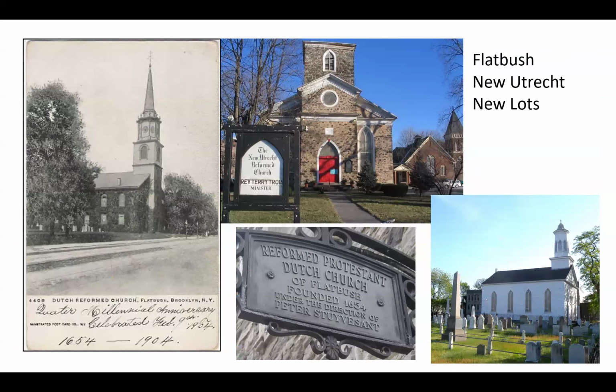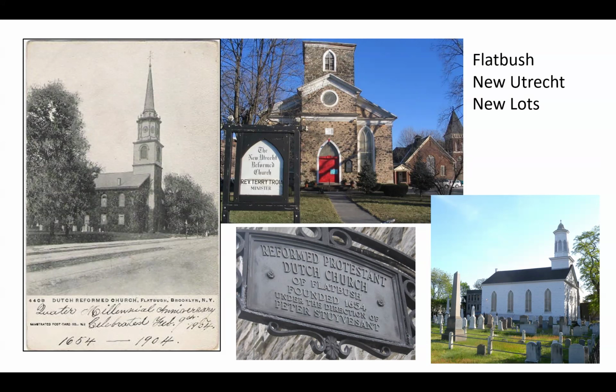Gradually, the Dutch and the various settlers started putting their footprint on the various areas of Brooklyn. Now, they dumped all kinds of heretics out there. But the Dutch also built churches. The Dutch Reformed Church, you see one on the left, the Dutch Reformed Church in Brooklyn, 1654.